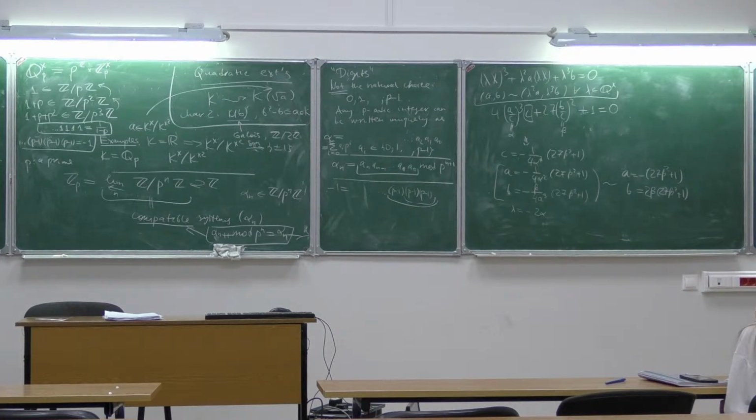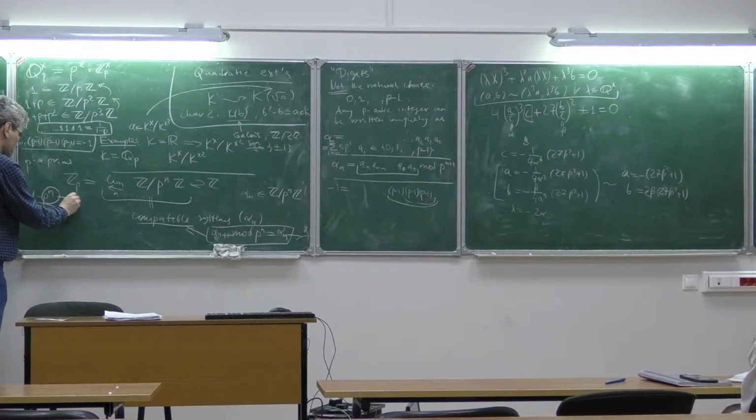Actually, you can say that the finite sum is 1 minus p to the n over 1 minus p, and this is something very small, because when n is sufficiently big, it becomes 0 modulo a high power of p.